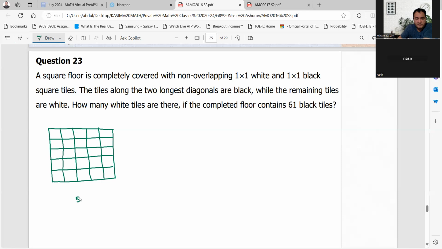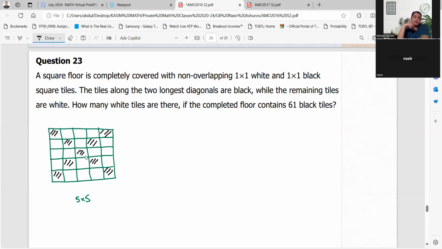Just an example for 5 by 5. What's the question?